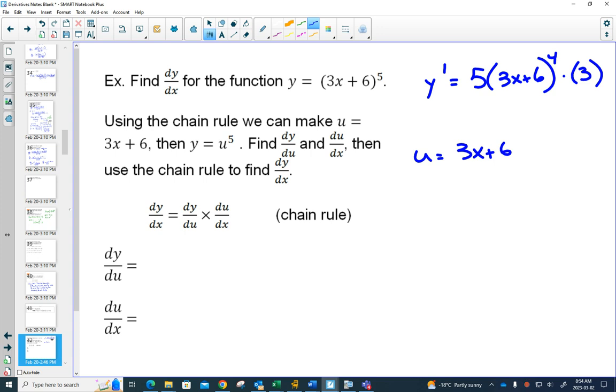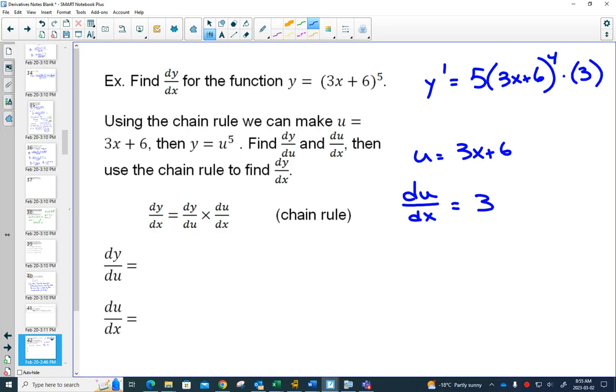Then you can find dy/du, and you can find du/dx. So if I make u my inside function, well, then du/dx, the derivative, is just 3. That part's easy.